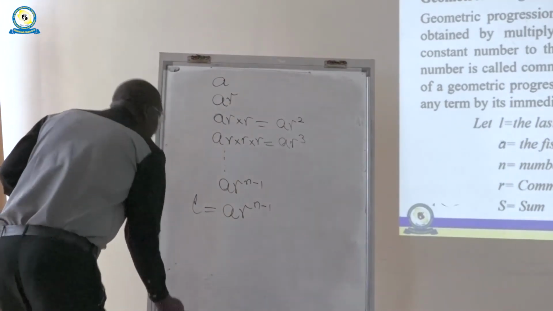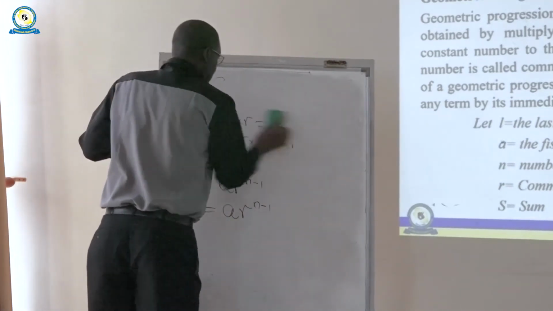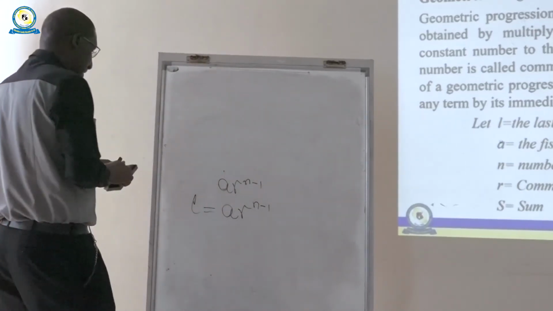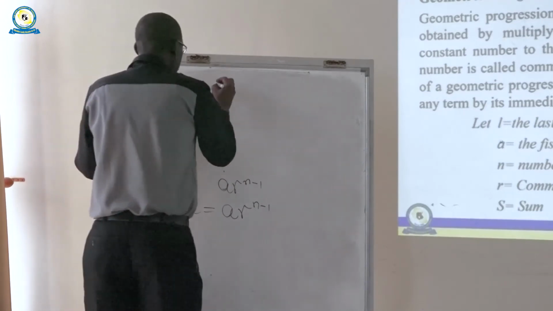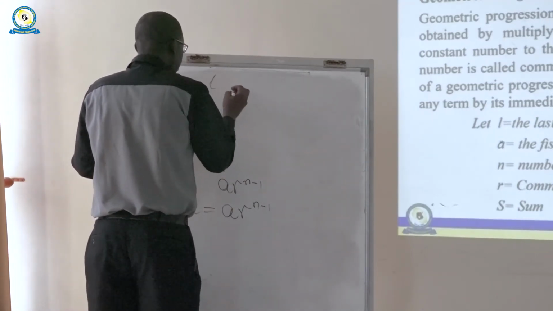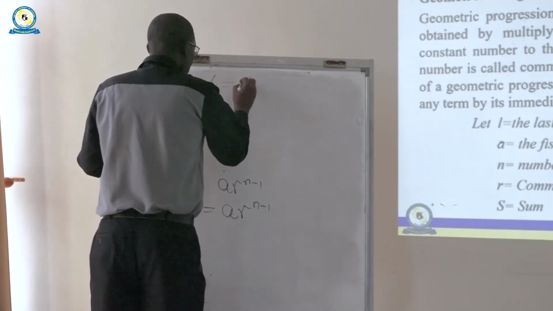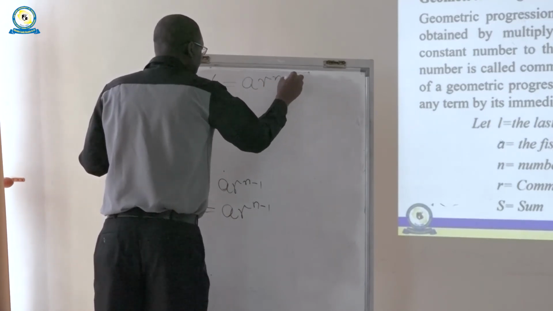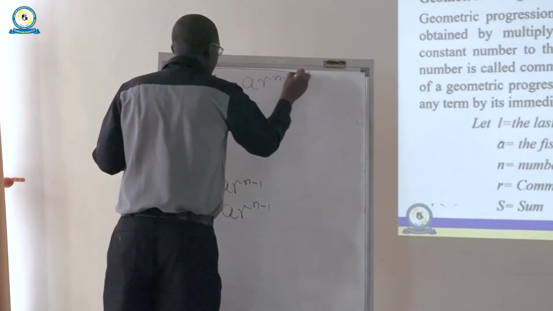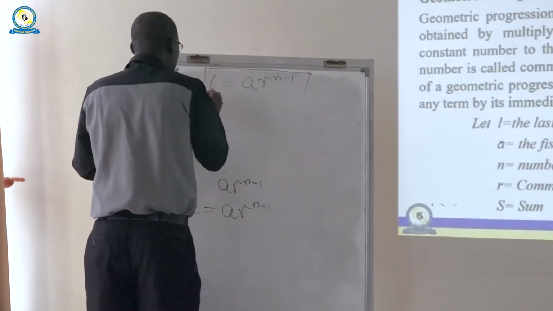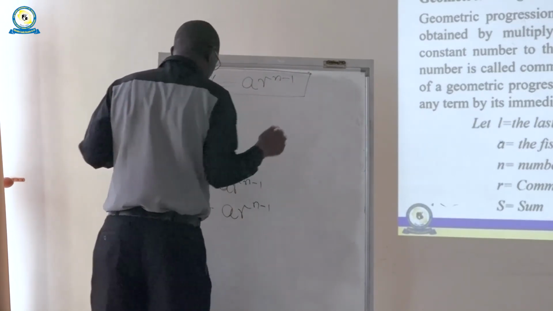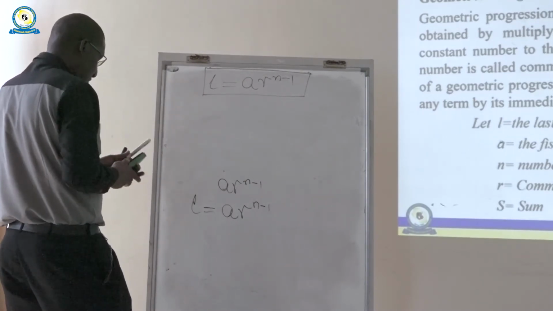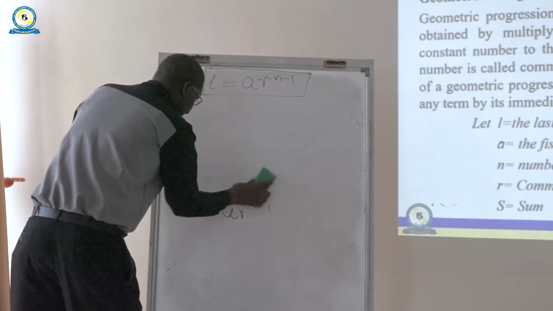This formula we can keep at the top: L for geometric progression equals AR raised to the power n minus 1. That's the formula for the last term of a geometric progression.